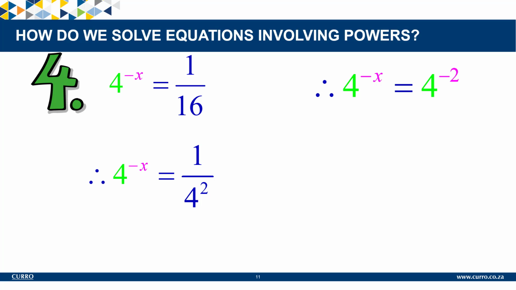But we know that 1 over 4 squared means the same as 4 to the power of negative 2. So then negative x is negative 2, but we don't want negative x. So we have to divide by negative 1, so x is 2. Let's check. 4 to the power of negative 2 is 1/16.